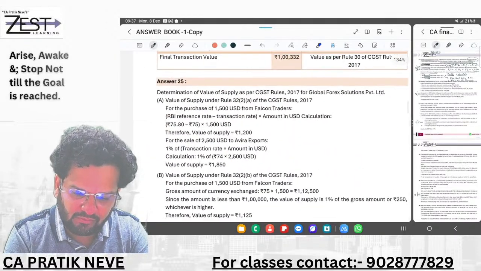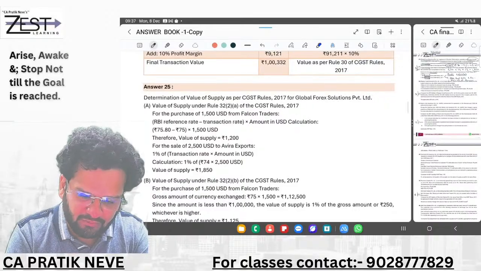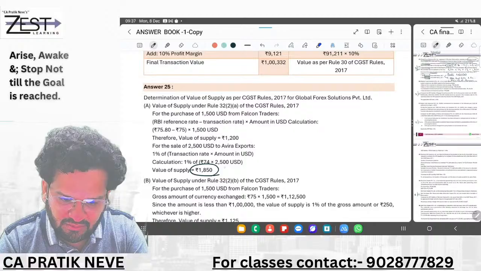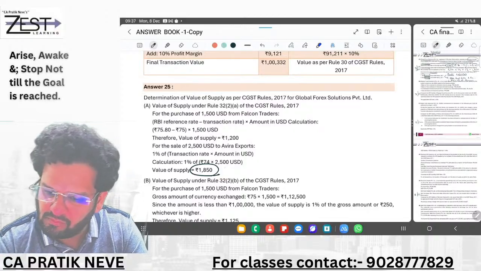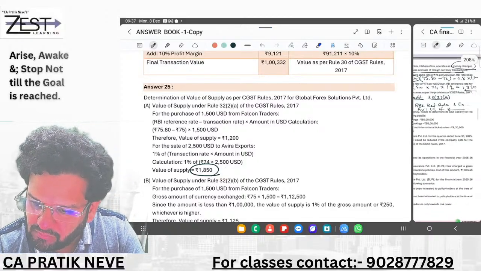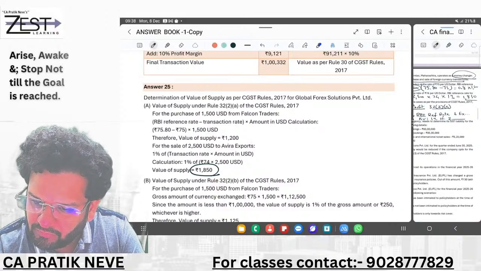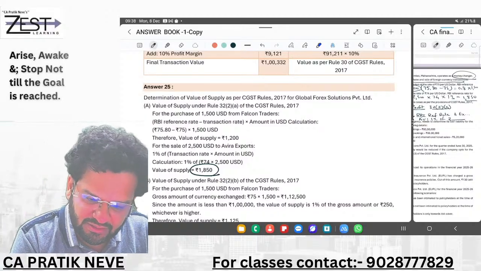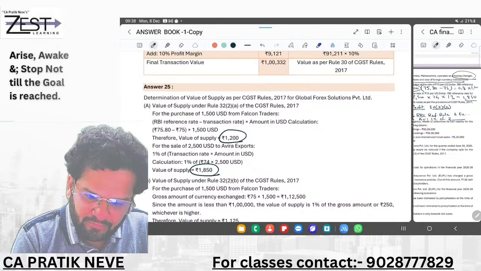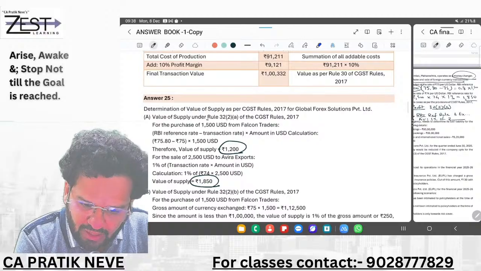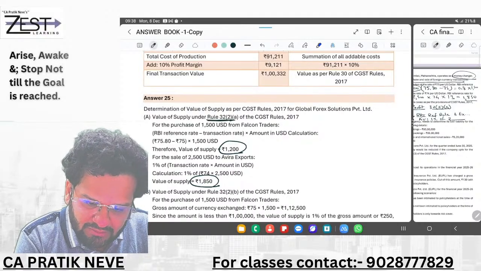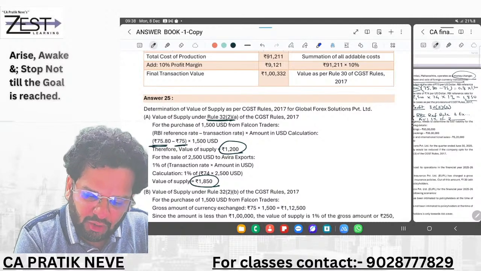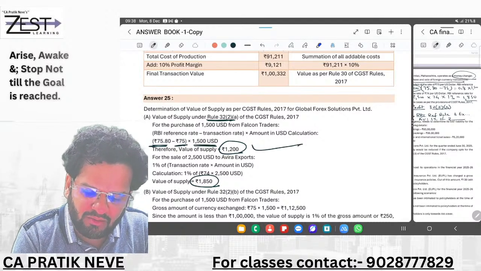See what we did in the first case: 1,500 dollars into 0.8, 1200. Yes. See this, 32(2)(a): RBI reference rate minus transaction rate into 1500 US dollars, 1200.